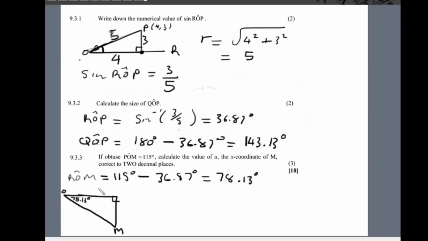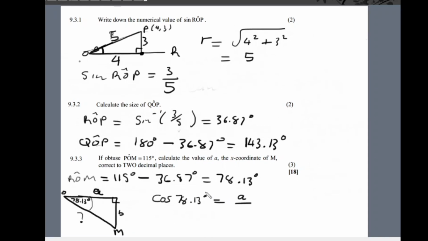So the length of this side will be A, the length of this side will be B. Now we are interested in the length of A, right? So because A is adjacent to this angle, we need to calculate the hypotenuse, and then after that we'll use the trigonometric ratio cos of 78.13 degrees, which will be the adjacent side A divided by the hypotenuse.